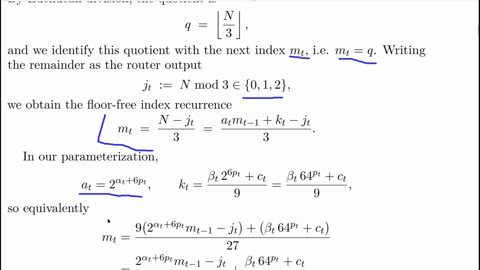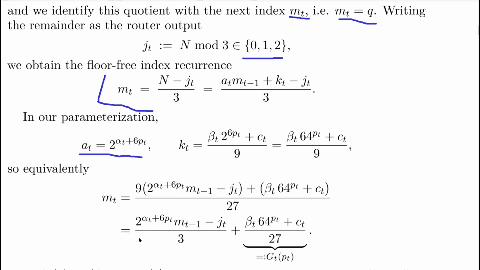So equivalently, mt is equal to this massive expression here, which is 2 raised to alpha t plus 6pt times mt minus 1 minus jt over 3, plus beta t times 64 raised to pt plus ct all over 27.